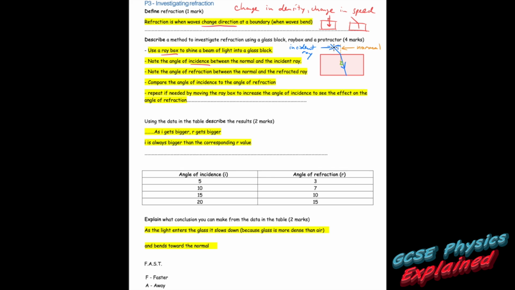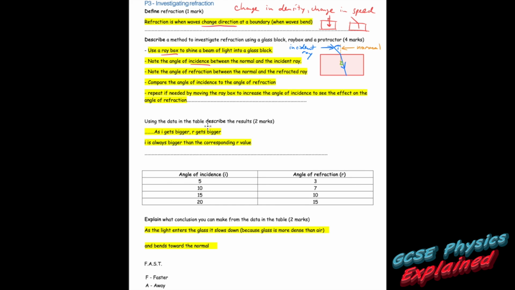So in other words, take the ray box and pull it over here so the ray would shine in here at a bigger angle. I'll just delete that just so it's not confusing.